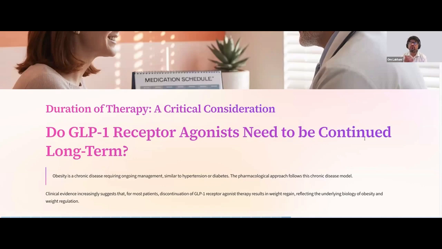It has been seen with any form of obesity treatment, whether it is diet, weight loss, or surgery. We ourselves have a lot of patients who have undergone surgeries and have regained their weight. So it's very important to understand that once you achieve whatever target you set for yourself in terms of weight loss, this is not where you're going to be for the rest of your life. You have to keep working hard to maintain that level as well.